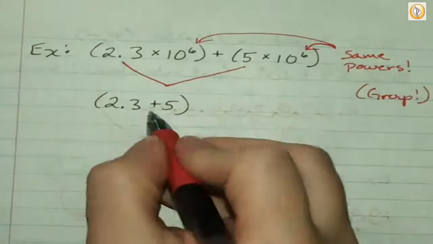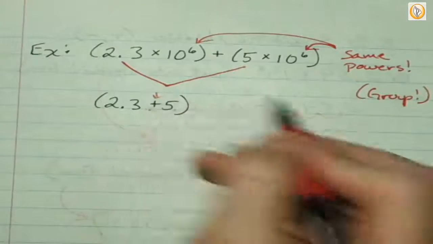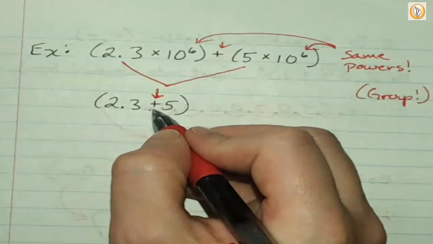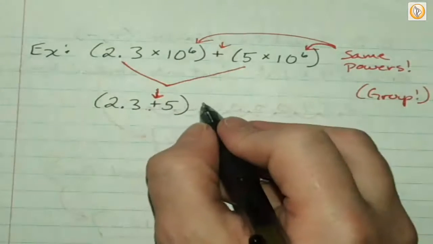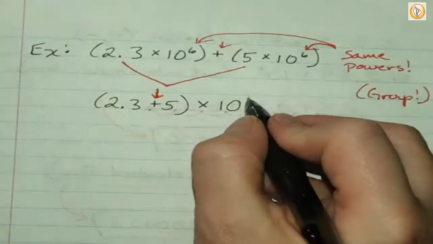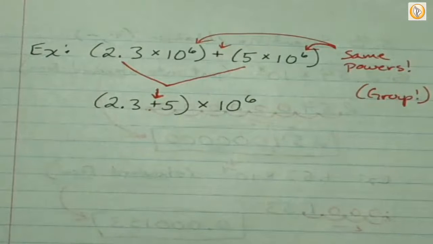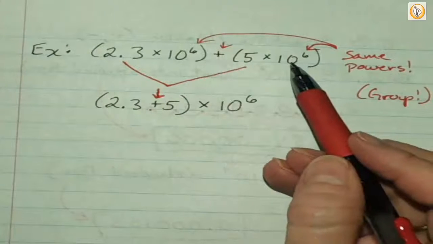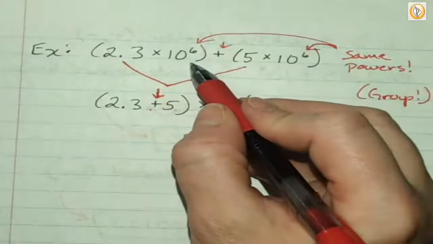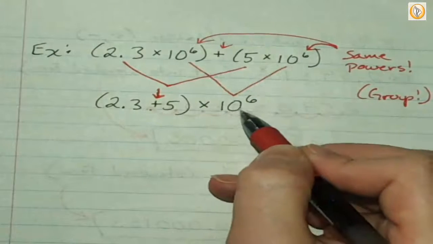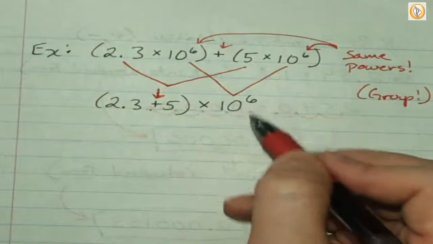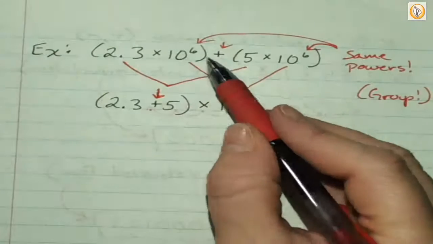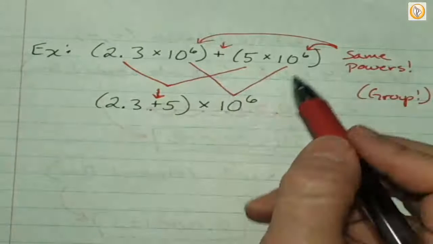I'm going to put a little arrow because we're adding. If we were subtracting, we would have a minus sign here. And then times 10 to the 6th power. When we are adding and subtracting, the exponents have to be the same, and then we just bring them down. There's no work to be done. You don't add 6 plus 6. You don't multiply 6 times 6. You just bring it down.